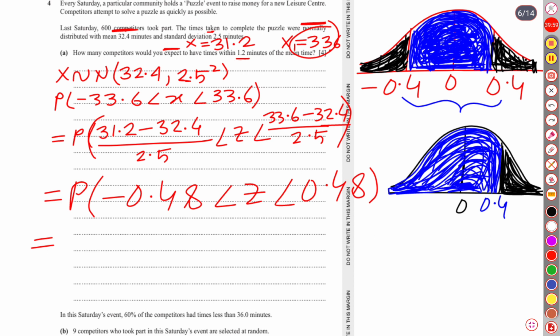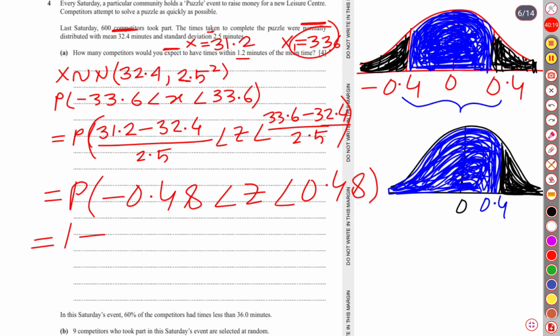From the whole, we require the blue shaded part. Remember, don't get confused and deviate from the question. We require the blue shaded part. So first of all, we write from the whole probability, which is 1.